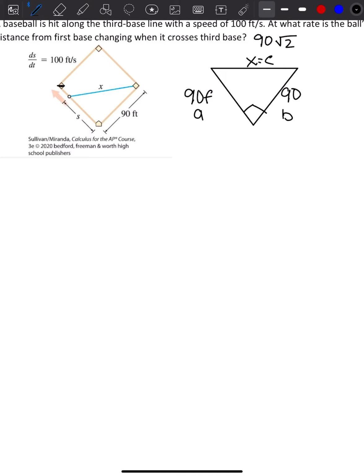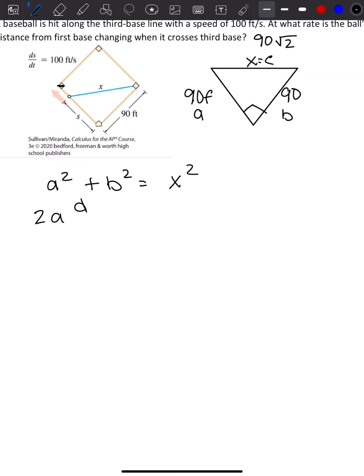So for this problem, we're looking at distances, so we are going to use the Pythagorean theorem. So we have our Pythagorean theorem, a squared plus b squared equals c squared. We're going to use x instead of c because that's what they use in the problem. We could use s, but I don't really like it. So I have a squared plus b squared equals x squared.